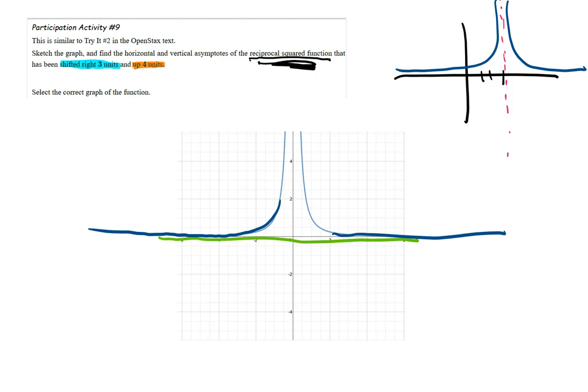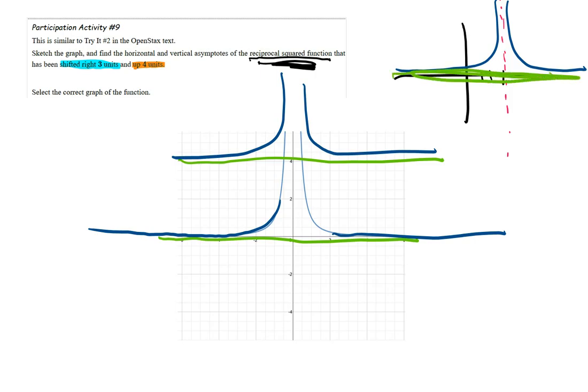So that green horizontal line is now going to go up to here, and the whole graph is going to do this at the same time. But keep in mind, we have also shifted it to the right 3 units. So on this picture here, that line's going to go up 1, 2, 3, 4 to here. And the graph is going to be going here and here now.